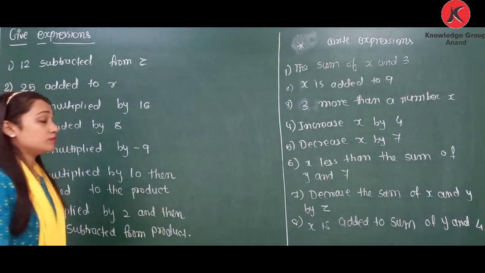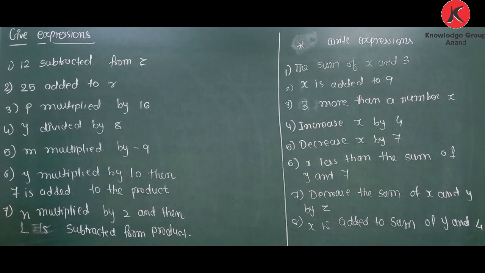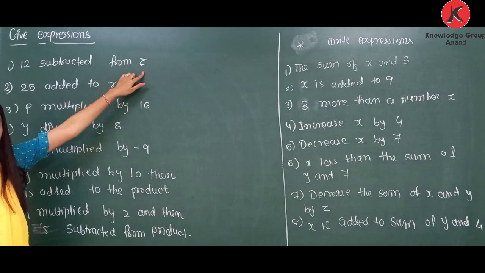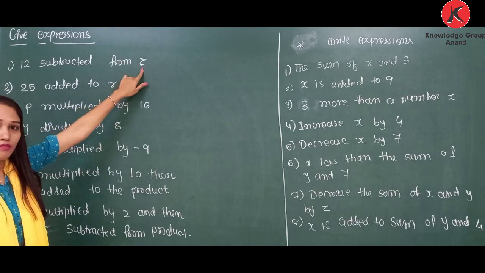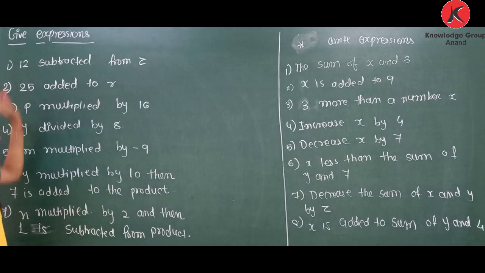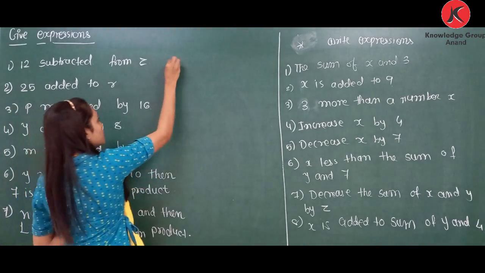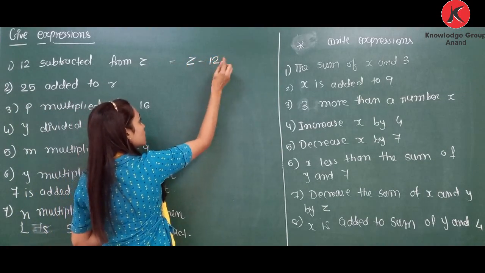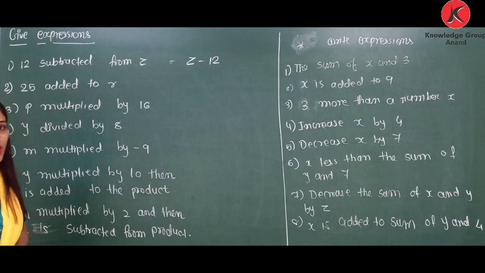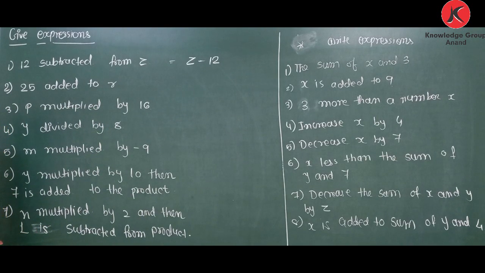Subtracted from z means z will be our first number and from that we need to subtract 12. So the expression is z minus 12. It is not the same as 12 minus z because subtraction is not commutative.